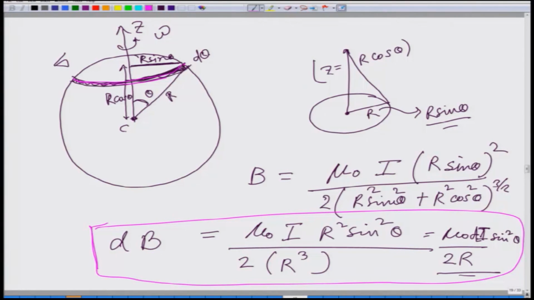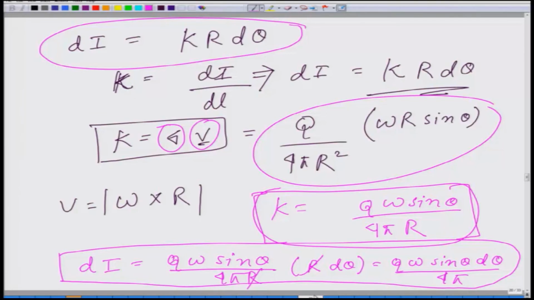So, dB is the magnetic field at the center due to this one ring at an angle theta. Now let us write dB. dB is equal to mu 0 by 2 sine square theta, and then I write the value of k that I obtained.